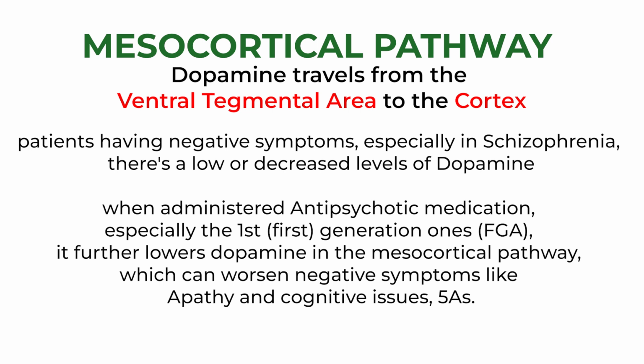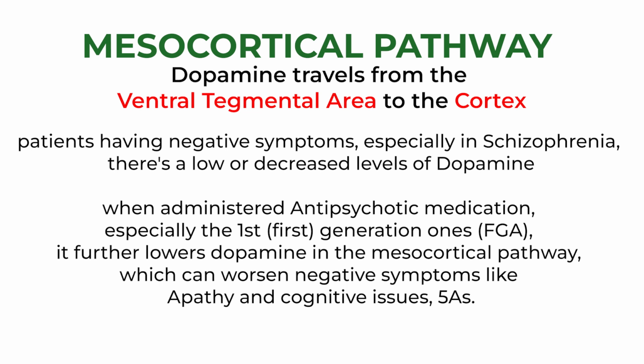It's going to worsen the negative symptoms further. Going by the pathophysiology of schizophrenia, there was actually low dopamine in the mesocortical pathway. Now, giving antipsychotic is going to further lower the dopamine, and that will worsen the negative symptoms further.